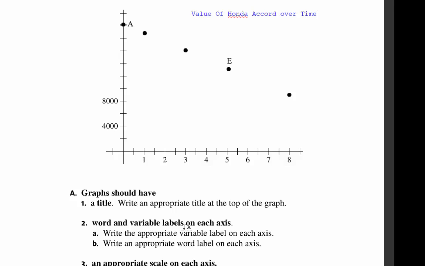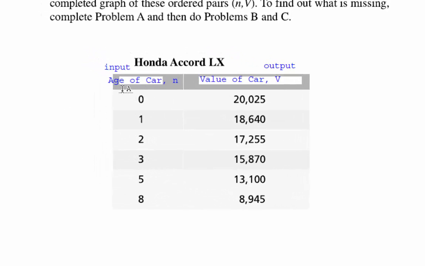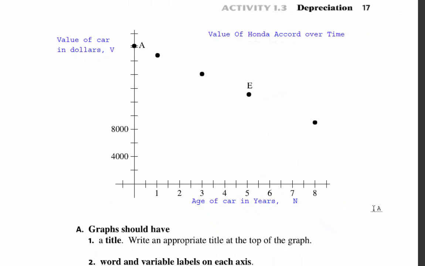Next, we're asked for word and variable labels on each axis. So it says write the appropriate variable label on each axis, write an appropriate word label on each axis. So going back to my table, we remember the input was the age of the car, and the output was the value of the car. So we place the input information along the horizontal axis.